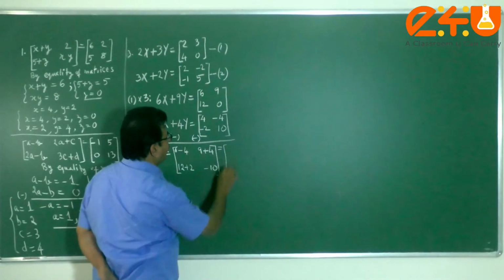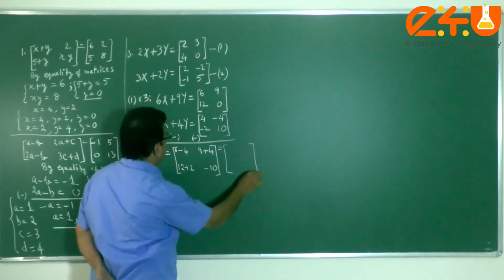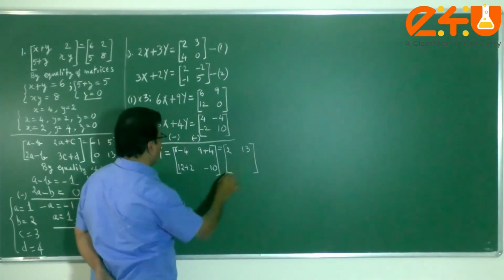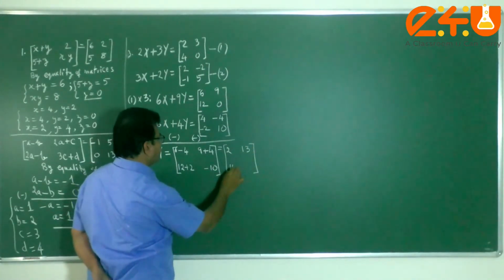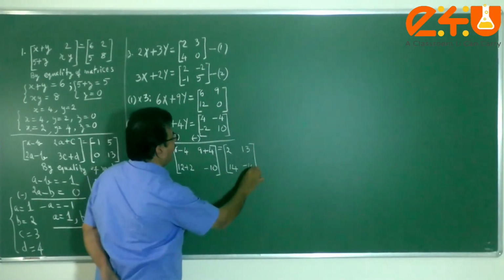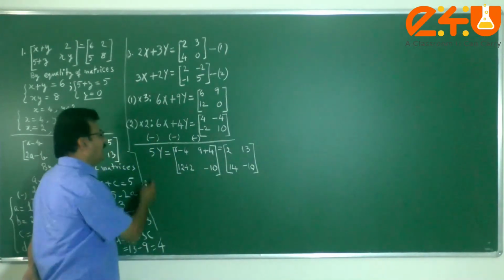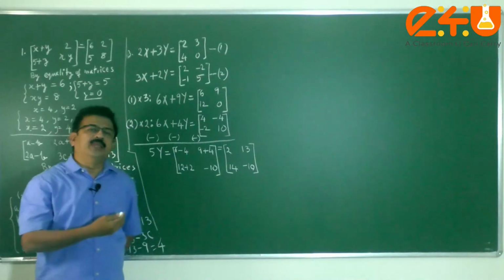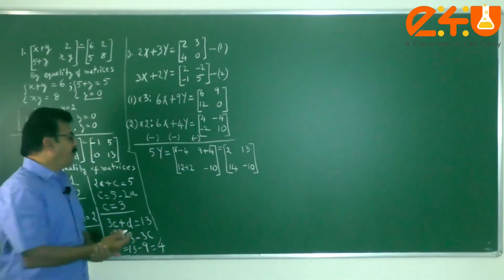So what do I get? After evaluating 6 minus 4, 9 plus 4, 12 plus 2 and negative 10, that is the value of 5 times, again a scalar multiple of the matrix Y.